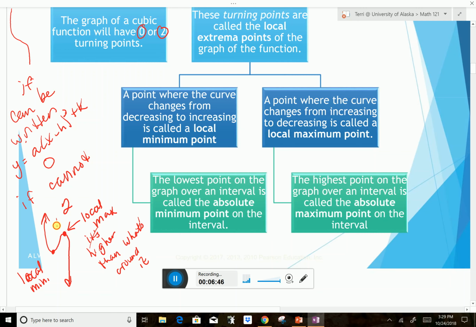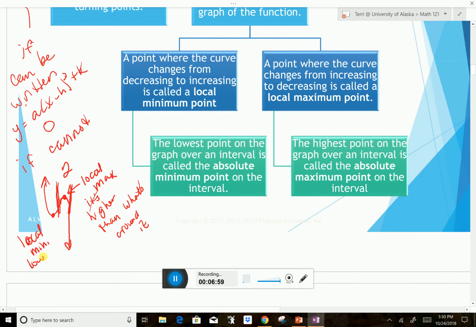So I can take some kind of interval right here, and this is the max of that interval. That makes it a local max. And then this one is lower than what's around it, so it's a local min.